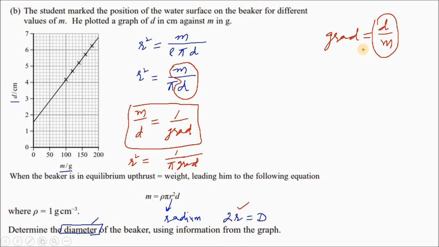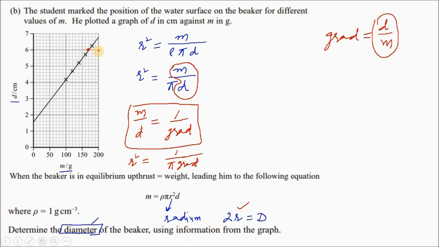For the gradient, I'm going to take 2 points on the line. You can choose any 2 points, and you can make a triangle as big as possible. So let's see, I'm just taking this point here.